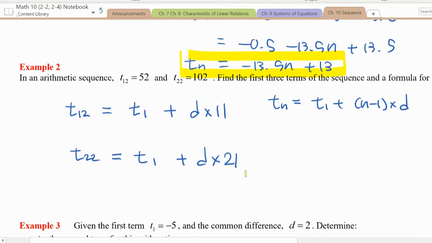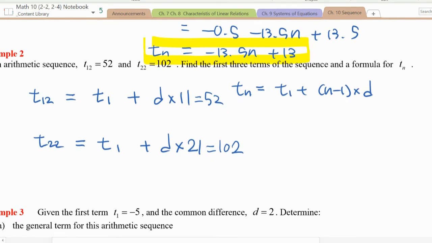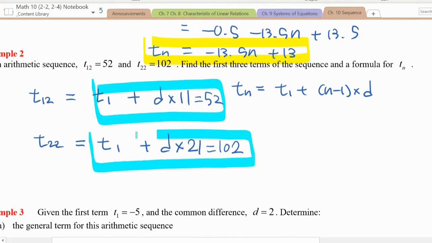And we know T12 is 52, and we know T22 is 102. What we're going to do is use those two equations to find T1 and d. Remember, we learned systems of equations?